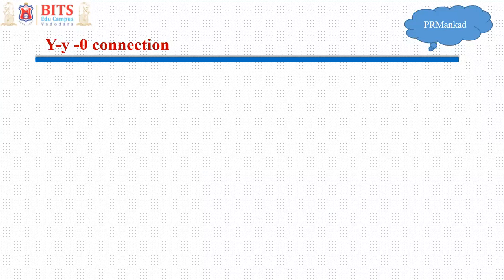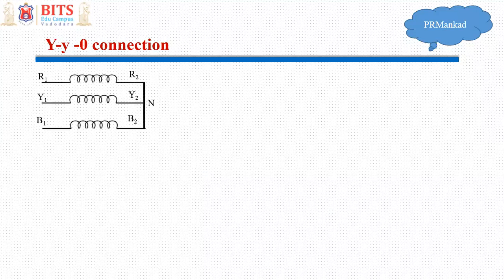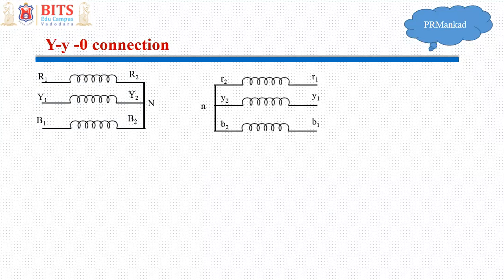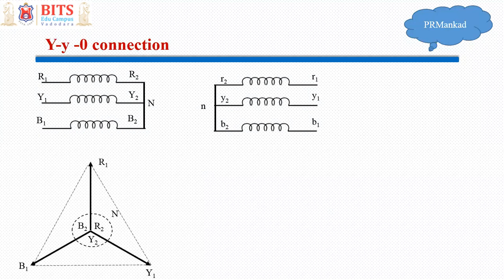Let us quickly revise what a star-star 0 connection is. A star-star 0 connection is one in which the primary is connected in this fashion and the secondary is connected in this fashion. So identical connections are there on both sides, and if I assume the right polarity on both sides, I get a phasor diagram like this.